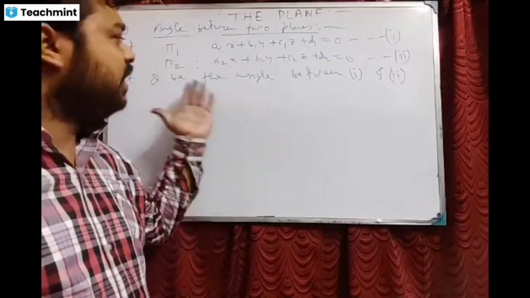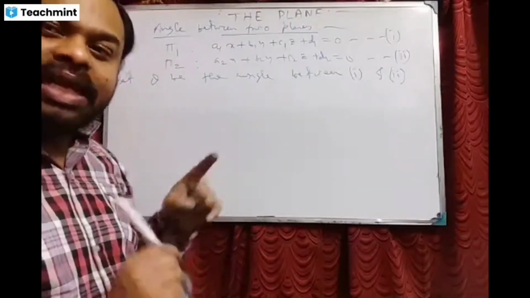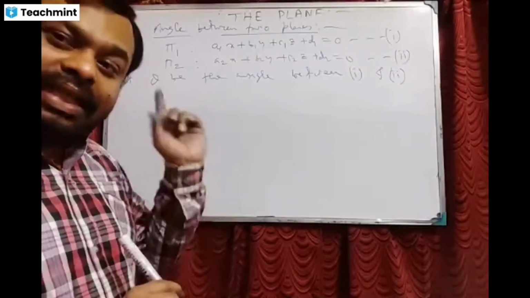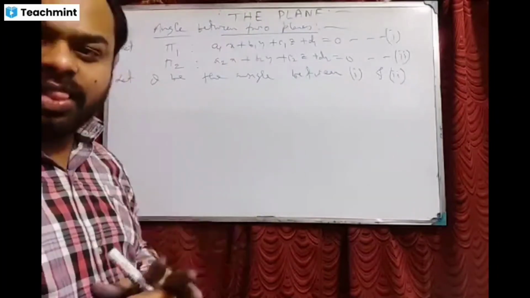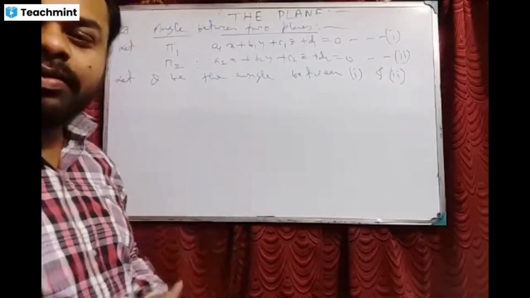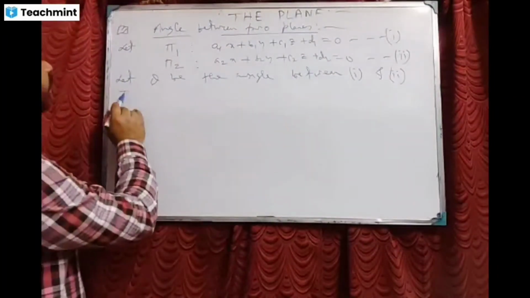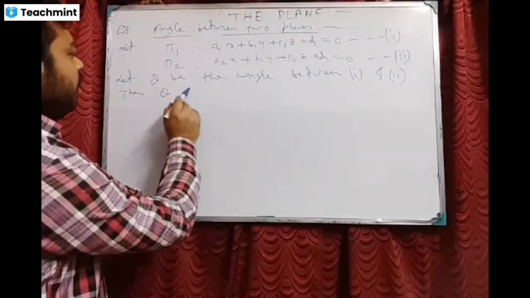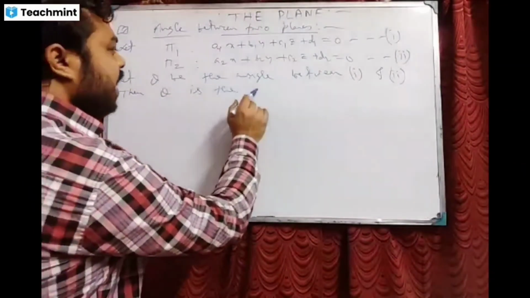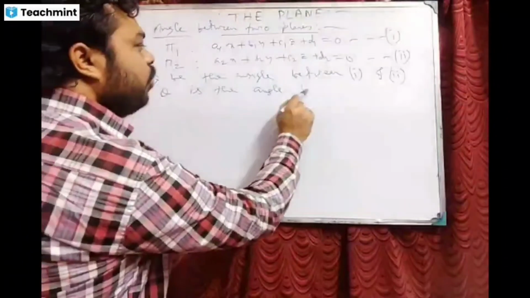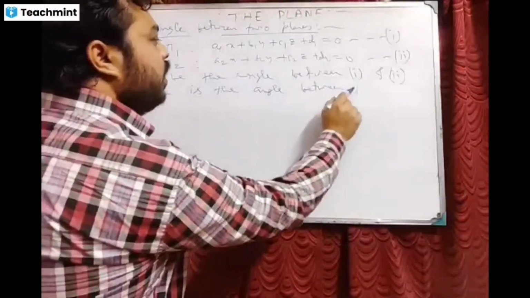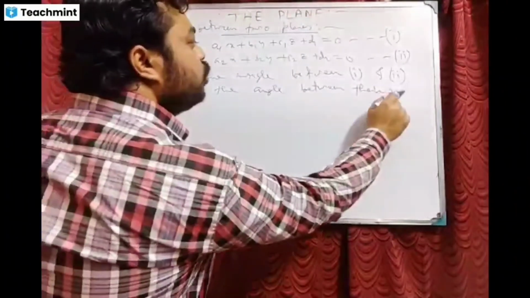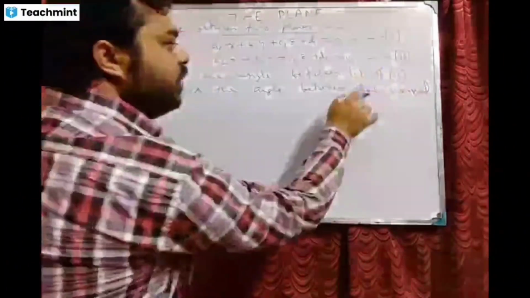If theta be the angle between two planes, then the angle between their normals is also theta.